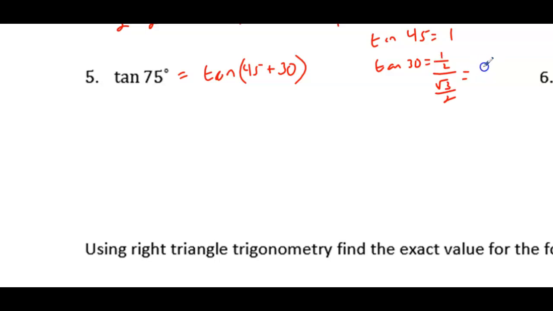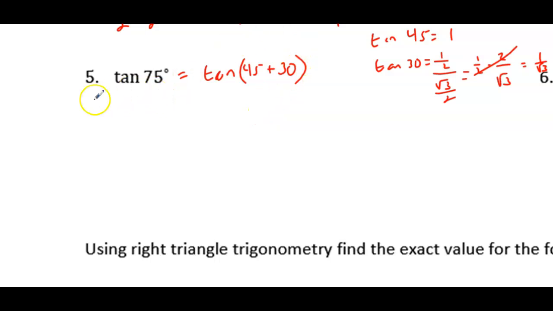Keep, change, flip. 1/2 times 2 over radical 3. That cancels, so 1 over radical 3. I'm glad I'm doing it like this. So you can see, it's really simple to simplify these guys, alright?